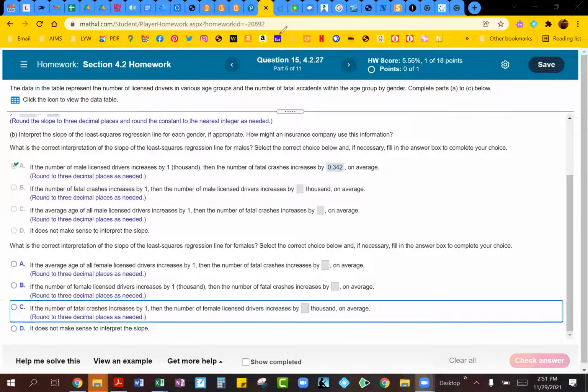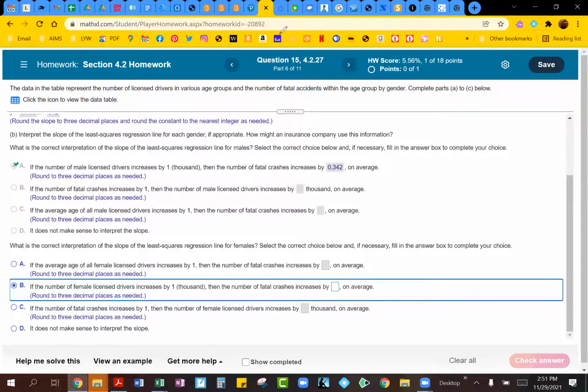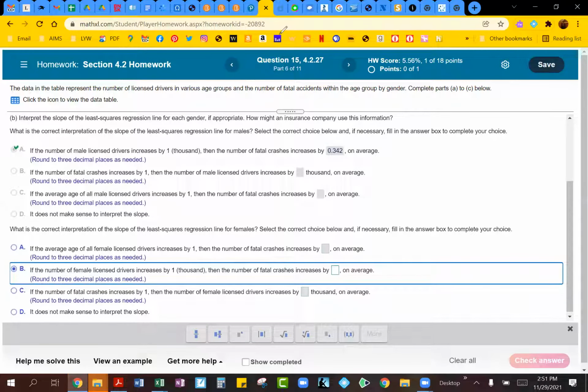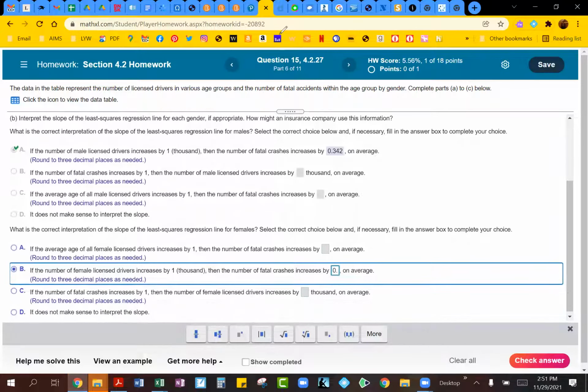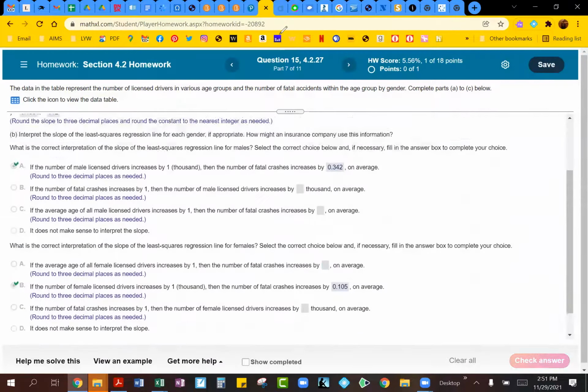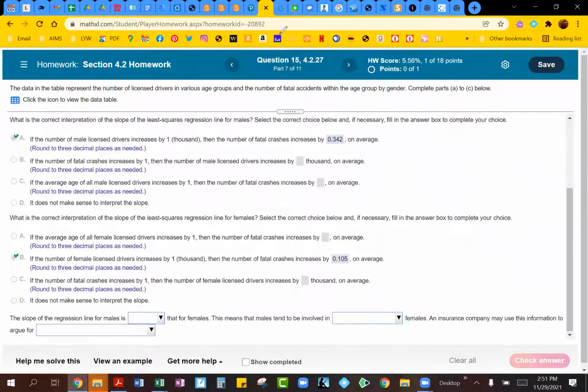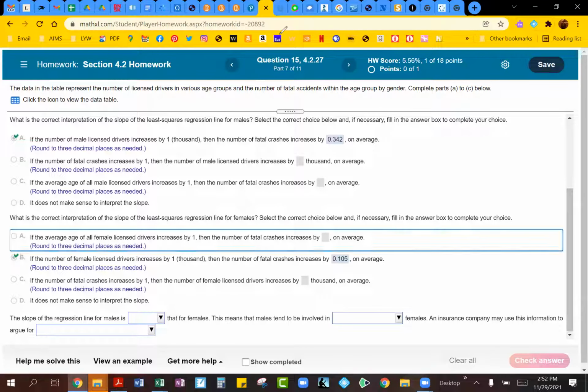So this is going to be if the number of female driver's licenses increases by 1,000, then that means the number of fatal crashes will increase by 0.105. Because, the more licensed drivers you have, of course, we do expect the crashes will also go up.